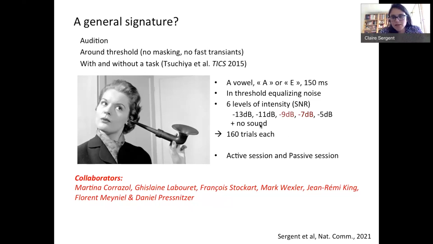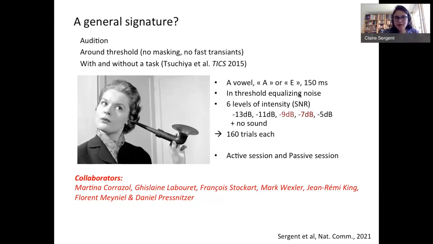Okay, so people were listening to that, and they performed 2 types of sessions. In the active sessions, at the end of each trial, at the end of each presentation of the stimulus, they had to report the identity of the vowel and rate how well they had heard the vowel.